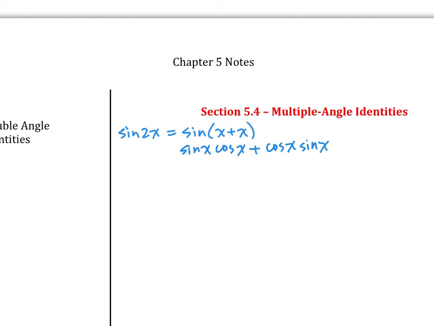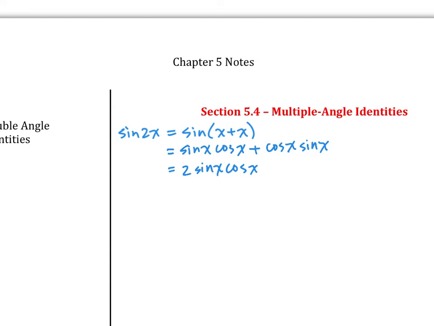So essentially, I can switch these two, and then I would have two of the same thing added together. So essentially, I can rewrite this as 2 sine x cosine x. And this is the formula for double angle for sine.